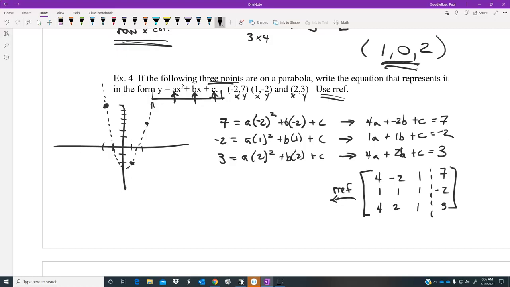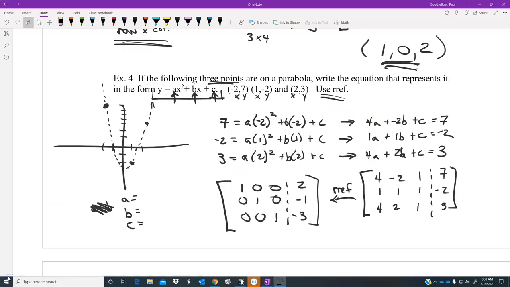Now, I'm going to pause the video right here. I'm going to allow you to input that into an augmented matrix and push your RREF and see whether or not you can get a solution for a, b, and c, so that we could write the equation of the parabola. So pause right here.